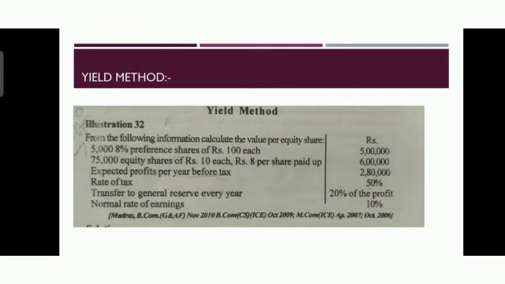Expected profit before tax is 2,80,000. Rate of tax is 50%. Transferred to general reserves every year is 20% of the profit. Normal rate of earning is 10%. So okay, we can solve this problem.